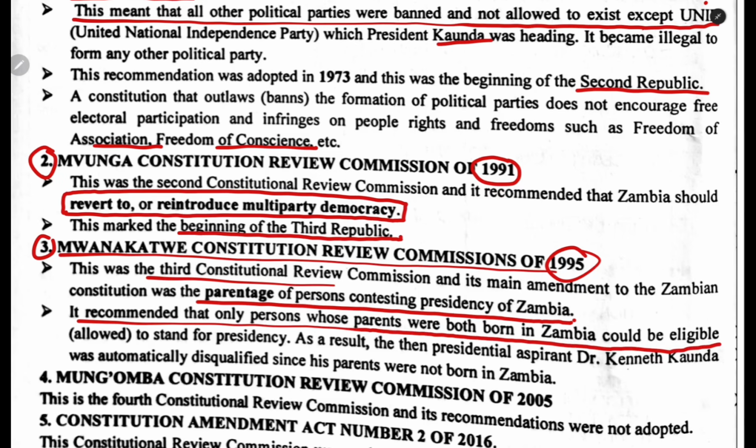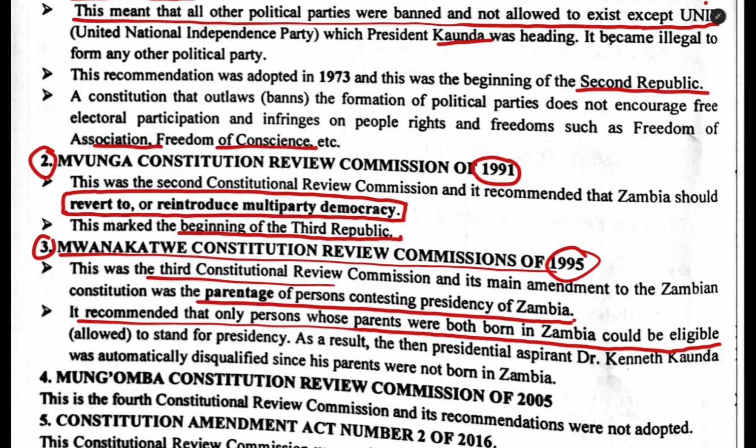So at this particular time, Chiluba was in power. Now only a person whose parents were both Zambian could stand as president. Now, KK lost power to Chiluba, and KK wanted to come back to the political scene.